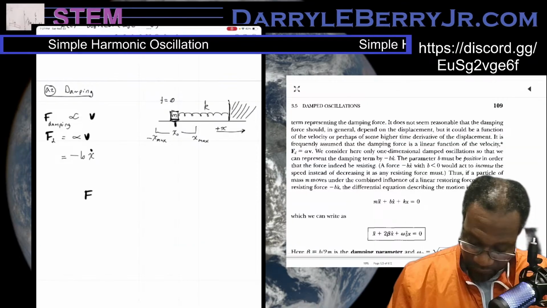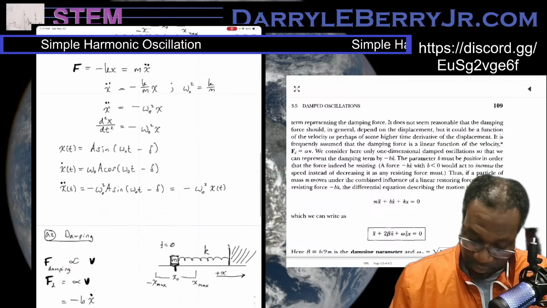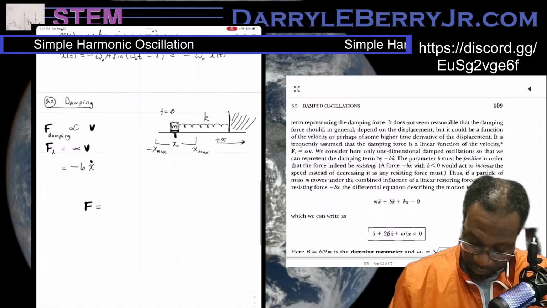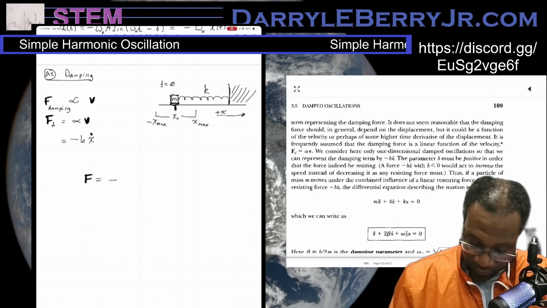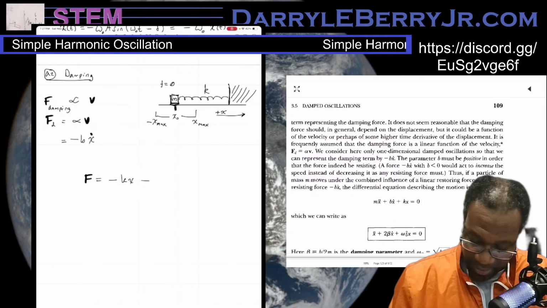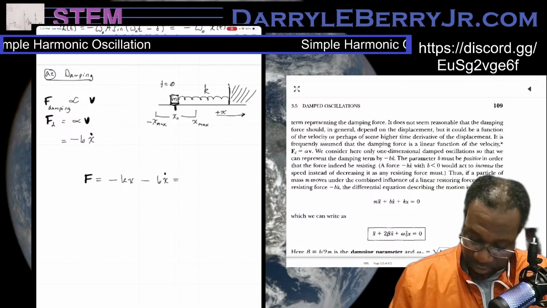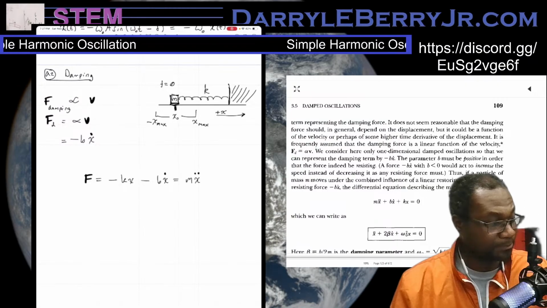We could say F equals minus B x dot, and it equals m x double dot.